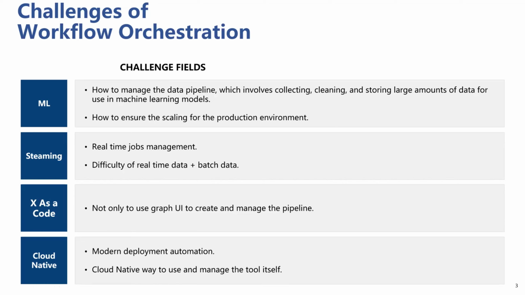We also want to find a solution for how to ensure scaling for the production environment. Sometimes we need tons of graphics card machines to do large-scale machine learning. The second is data streaming: how to better engage with real-time job management, and how to solve the difficulties of integrating real-time data and batch data.